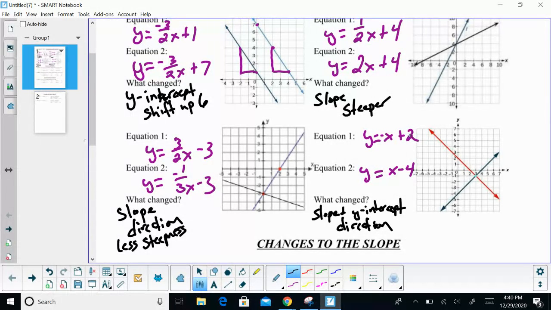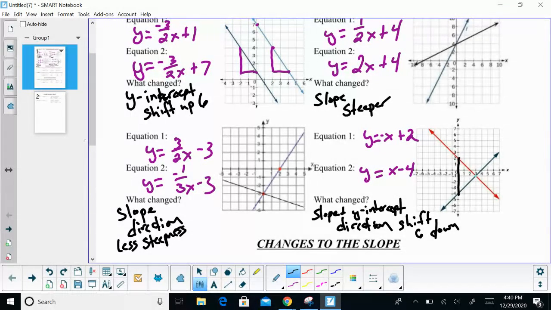And my y-intercept, I went from +2 to -4. So how many down did I go? What's my shift? 6 down. Right? It's because I had to go 2 to get to 0, and then I had to go 4 more, which would be a total of 6.